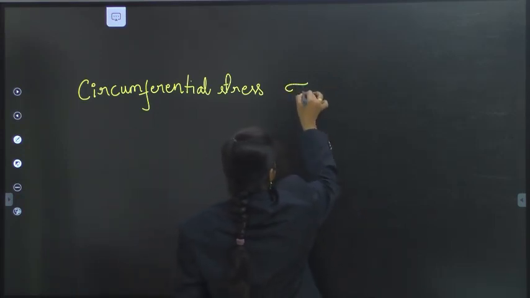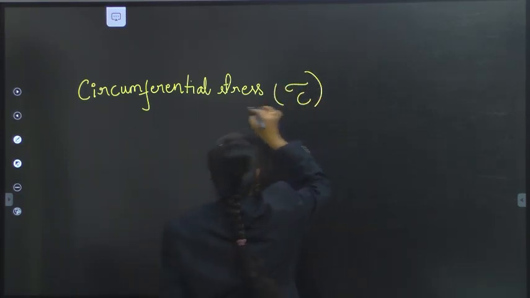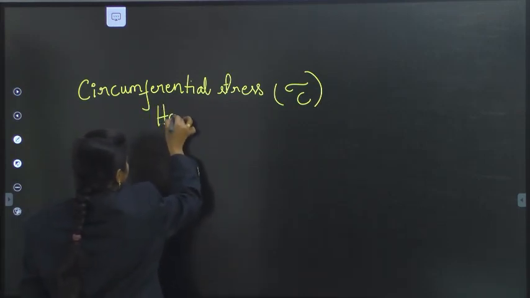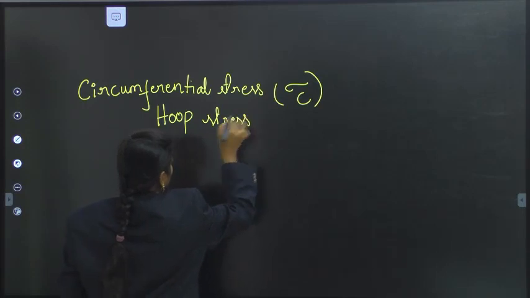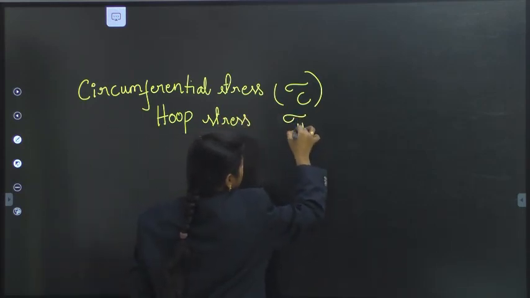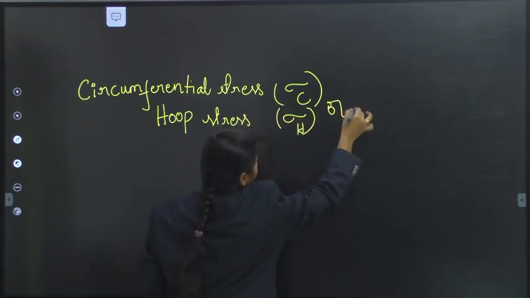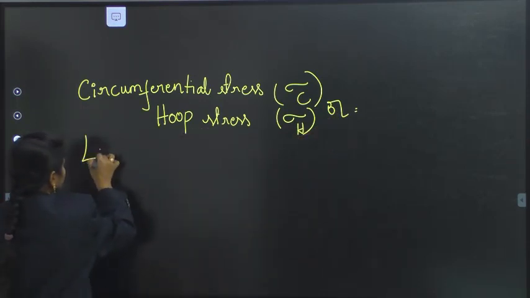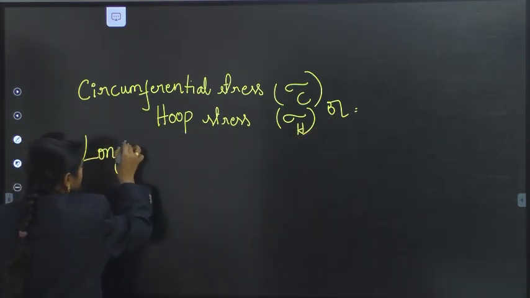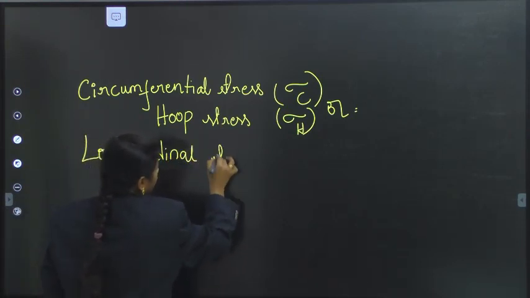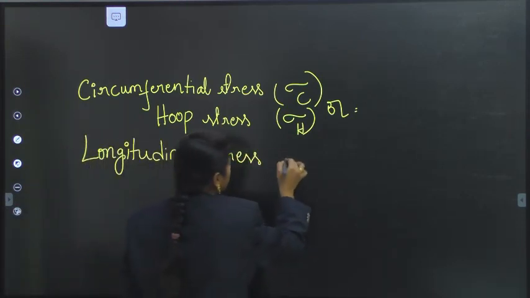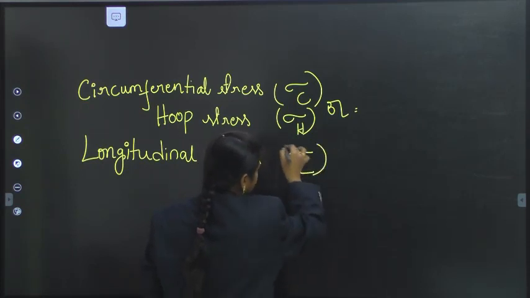That is sigma c, or this circumferential stress has another name, hoop stress. Sigma c or sigma h, both are the same. And then the longitudinal stress. The name itself says longitudinal, so I am indicating it as sigma L.